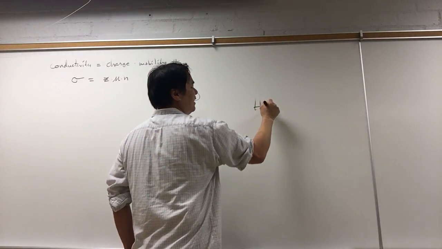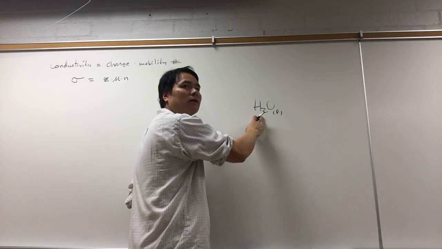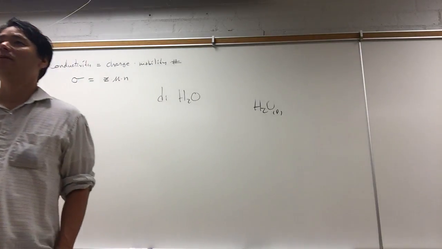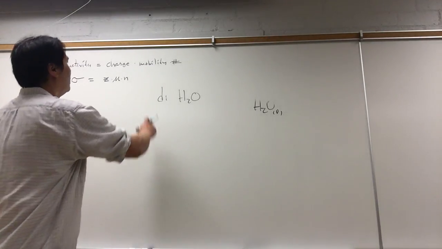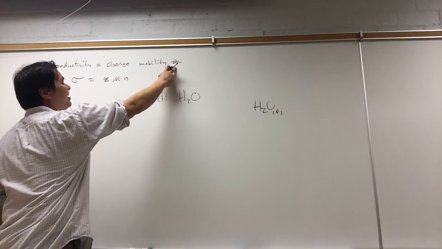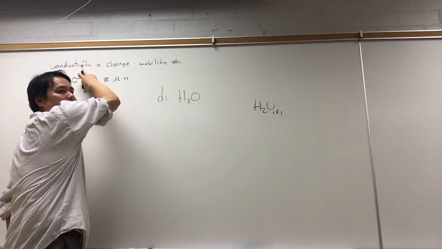DiH2O consists of H2O molecules. Do they have a charge? No, the H2Os are neutral. There's no charge. Do they have mobility? They have plenty of mobility. Are they present in large numbers? Yes. And so they have mobility, they have large numbers, but they have zero charge, so the conductivity is 0.